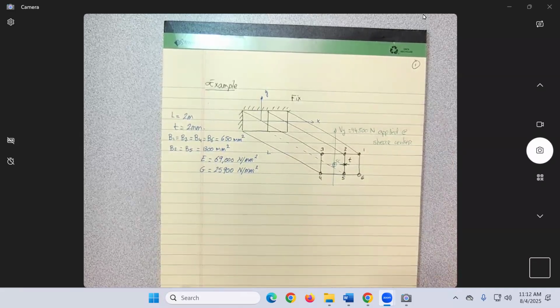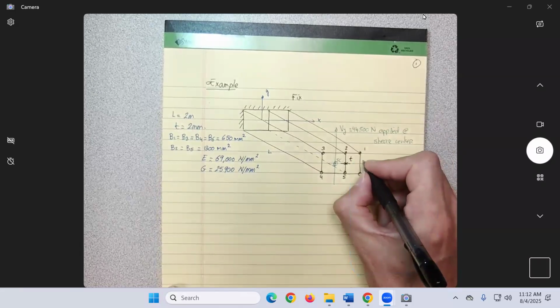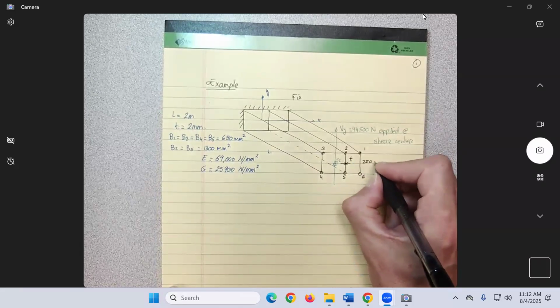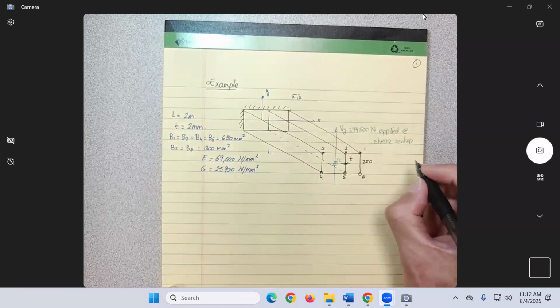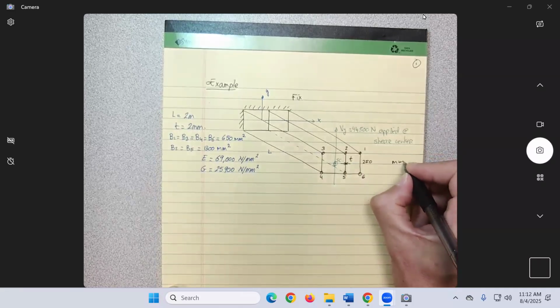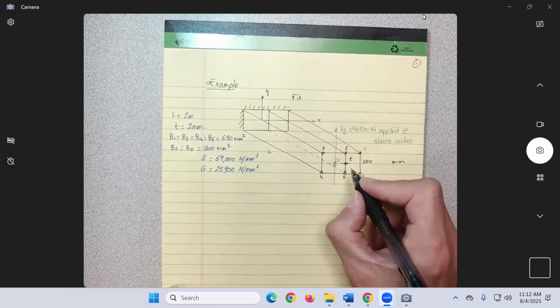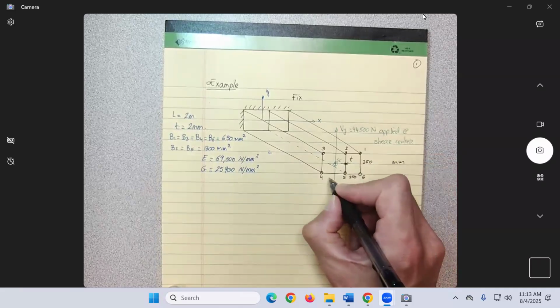And let's see, we know some distances here. I think this distance will be 250, and this will be in millimeters. Here the distances are 250, 250, and 500.